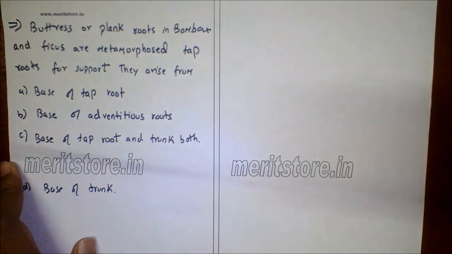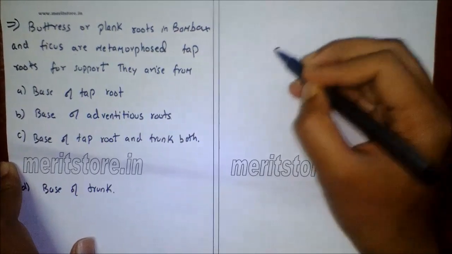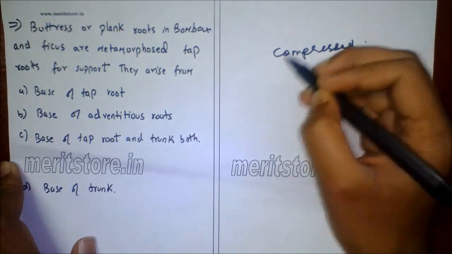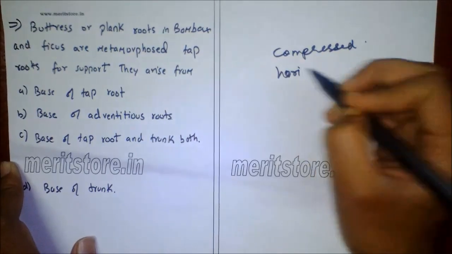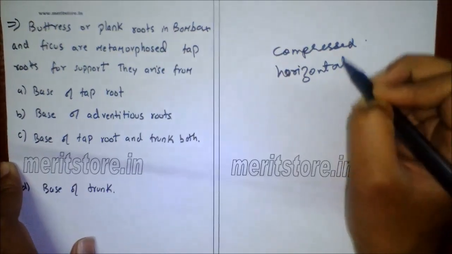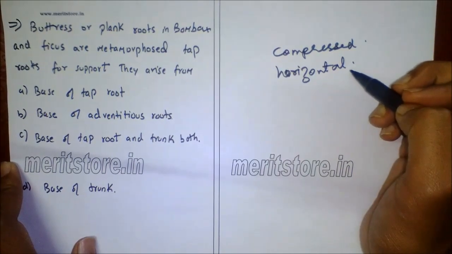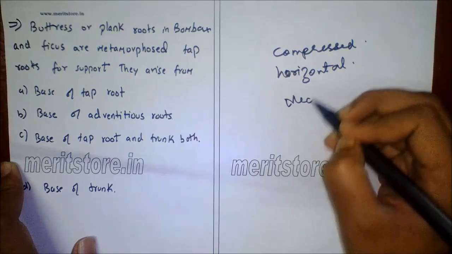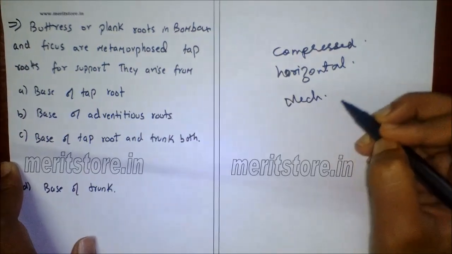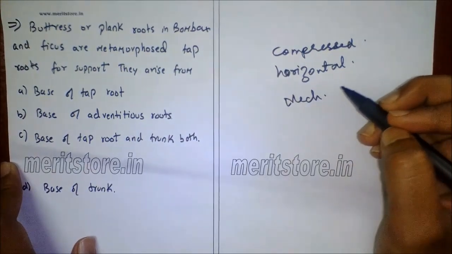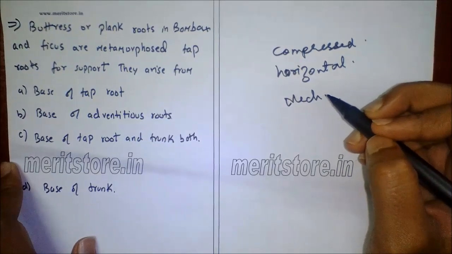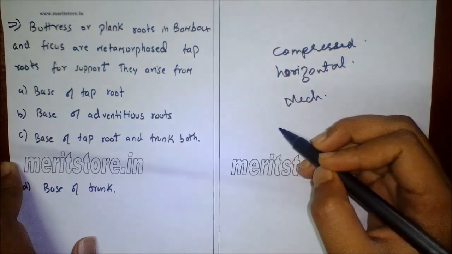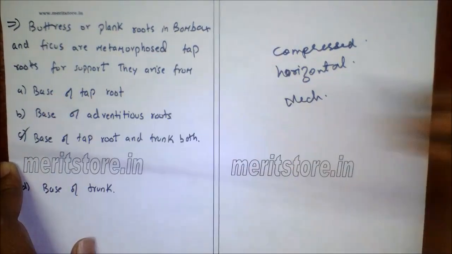So buttress roots are laterally compressed horizontal roots which travel along the ground for some distance and provide extra mechanical support. Examples are seen in Ficus elastica and Bombax. These roots are formed jointly by the base of the trunk and taproot. So option C is the correct answer.